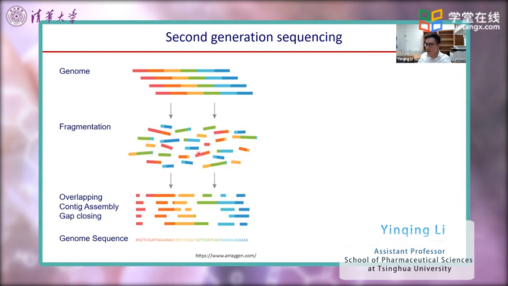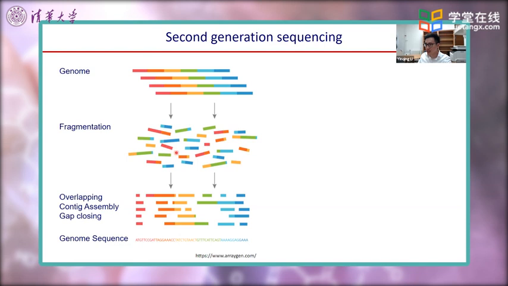Critically, these small pieces have overlaps, right there and here. Based on these overlaps, they can then be assembled into contigs and then assembled into the full genome. And each of the fragments here is small enough to be sequenced on a modern DNA sequencer.